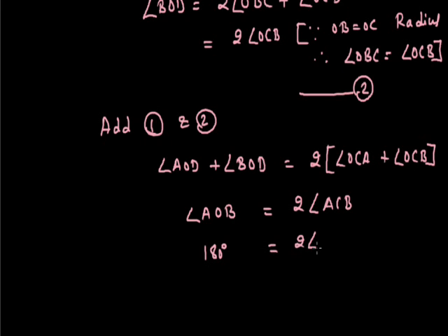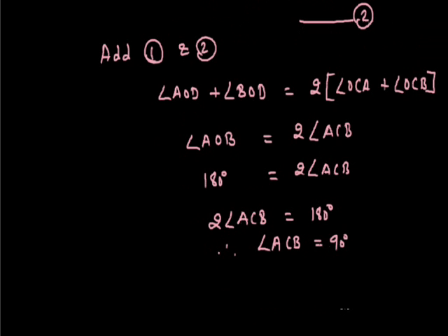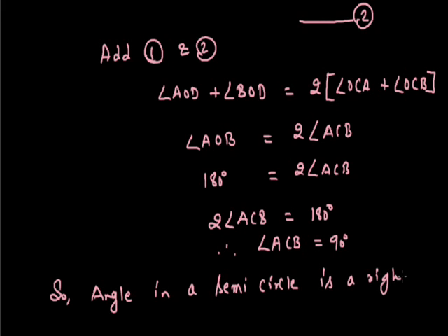So this is equal to twice of angle ACB. So twice of angle ACB is equal to 180 degrees. Therefore angle ACB is equal to 90 degrees. So angle in a semicircle is a right angle, hence proved.